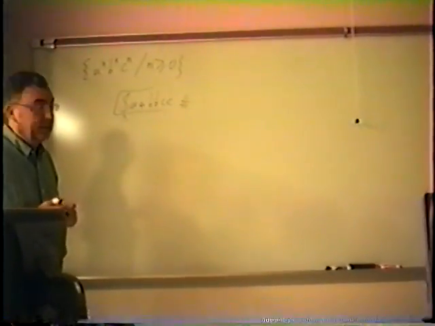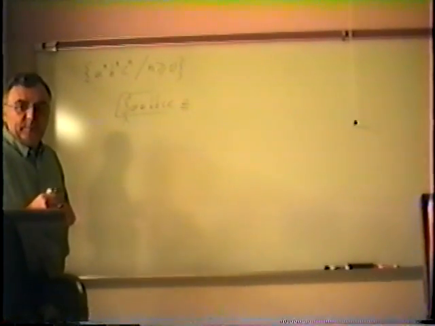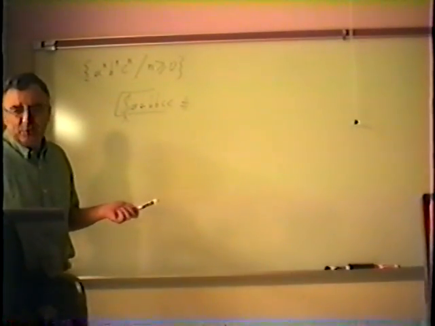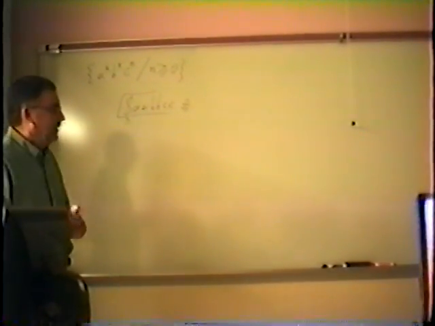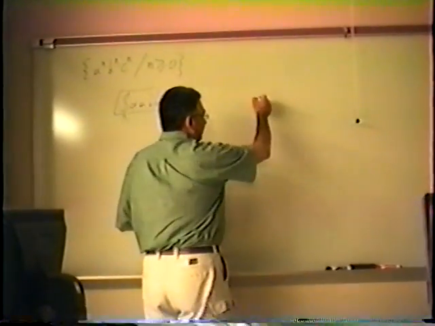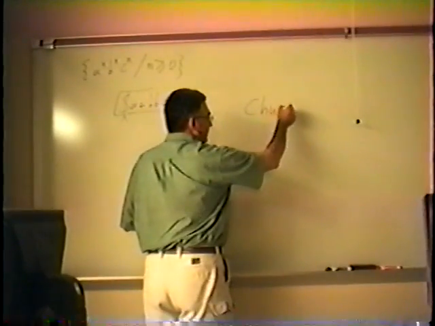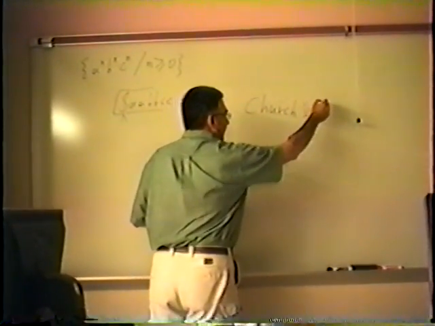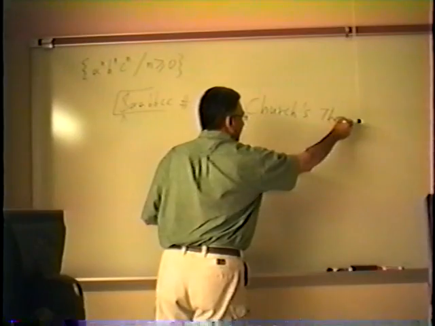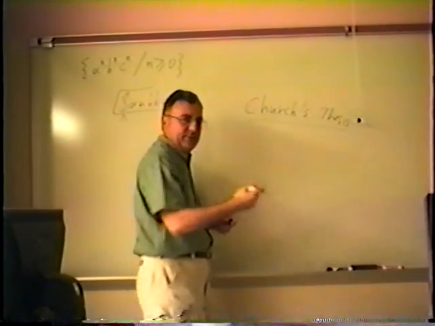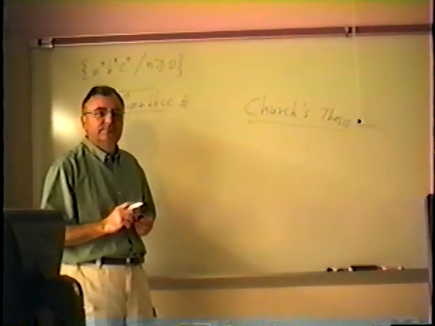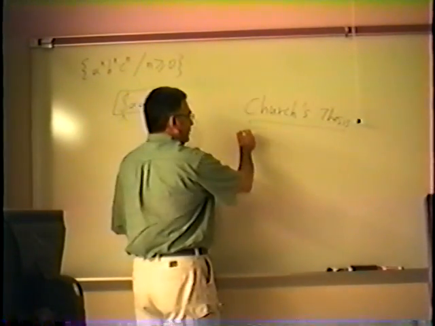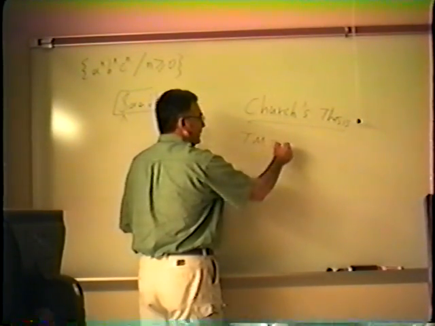So let's build such a Turing machine. I know there is a Turing machine because I can write a program for it. It's like a freshman exercise. Church's thesis says what? Anybody knows? It says Turing machines and algorithms are equivalent.